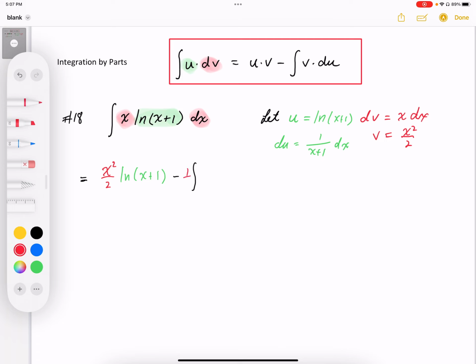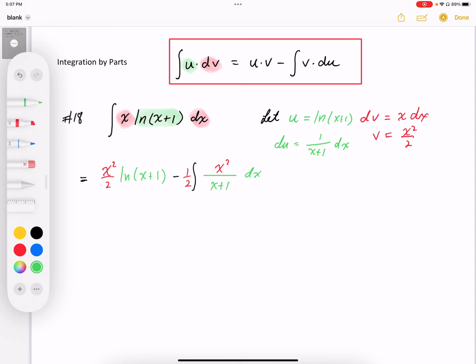So I'm going to have 1/2 x squared, v du. So it's going to be x squared over, the du is going to be 1 over x plus 1, so x squared over x plus 1 dx.